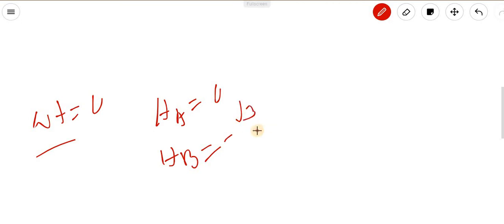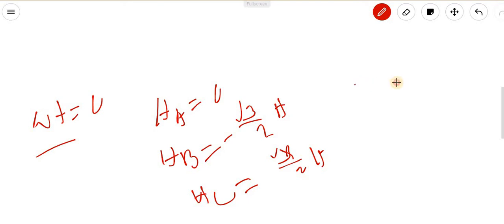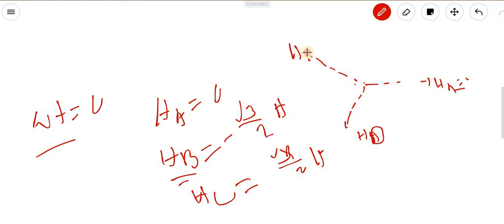That is minus root 3/2 H. HC equal to H sine 120 degree, root 3/2 H. So see, here HA was 0, and HB, HC.